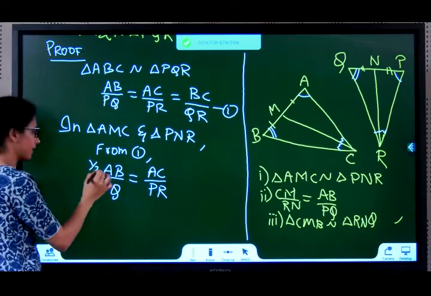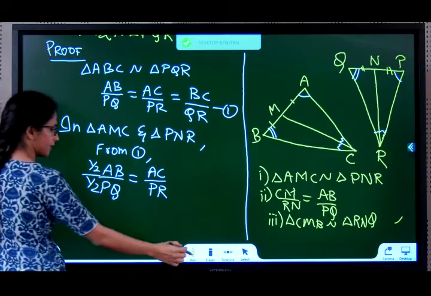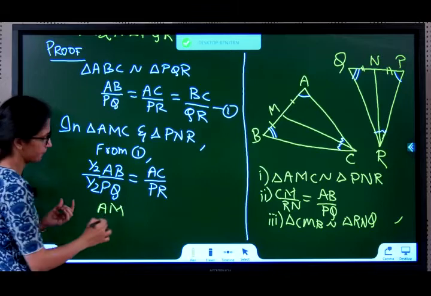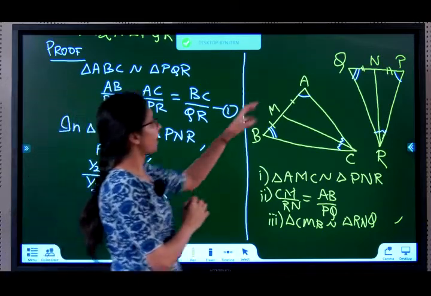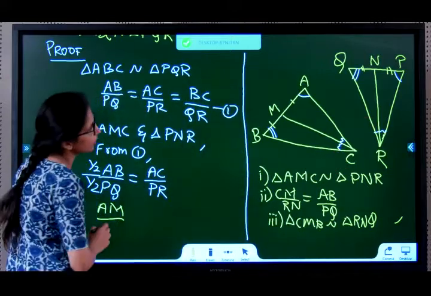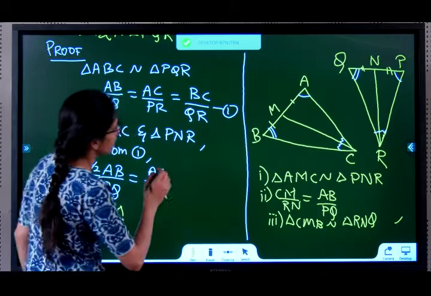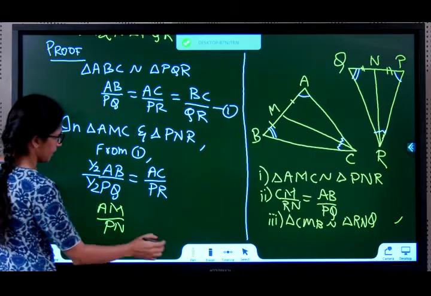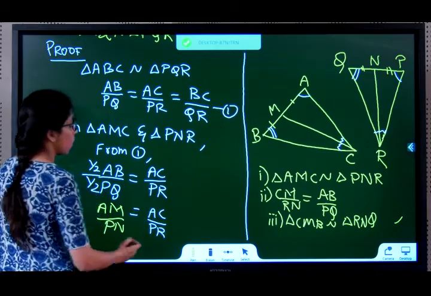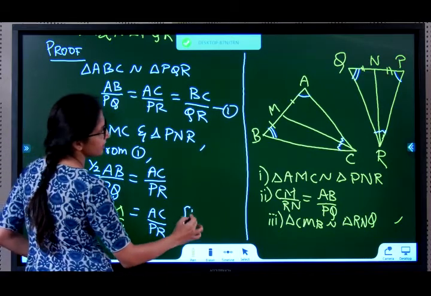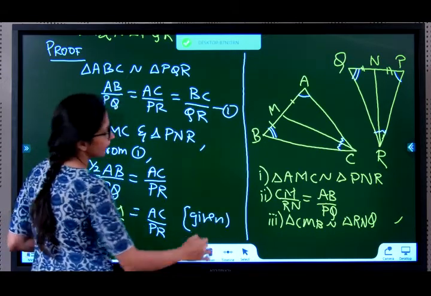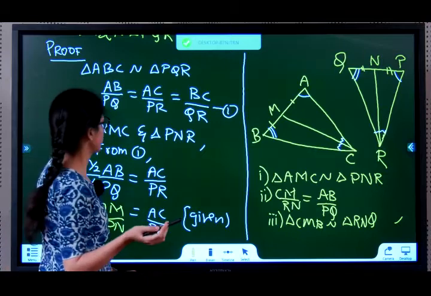Can I write multiply and divide up and down with half? Yes, I can. Half AB is nothing but AM. Why? Half AB because M is midpoint, it's a median, right? And half PQ is nothing but PN is equal to AC by PR. What is the reason? Because M is midpoint, or you can just write given. Why? Because we have already written and given that M is midpoint and N is also midpoint.